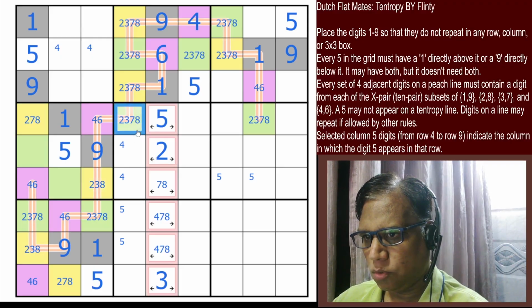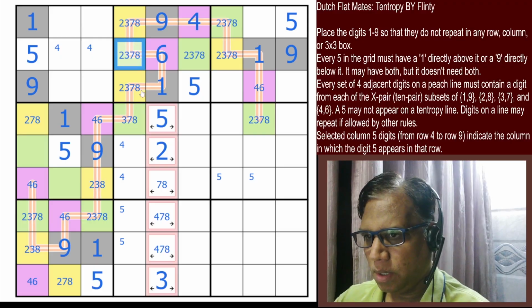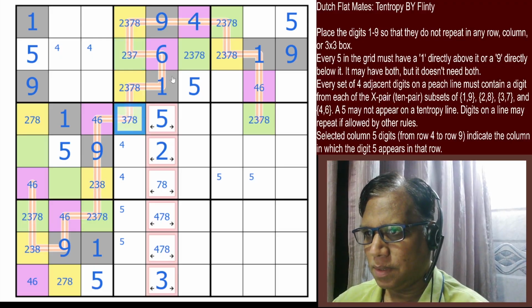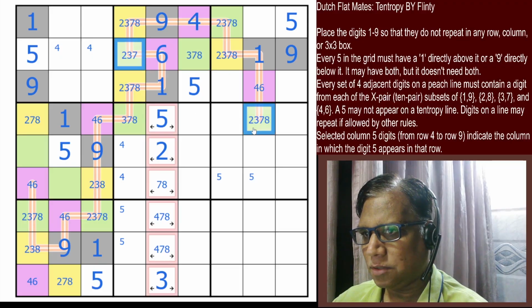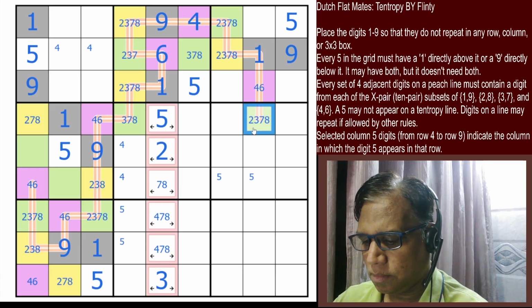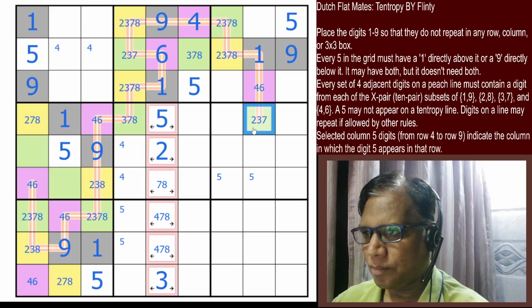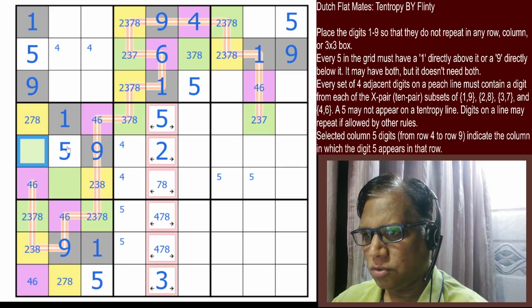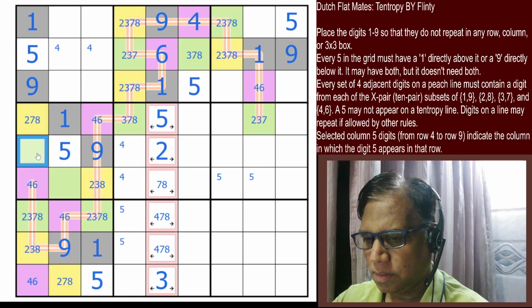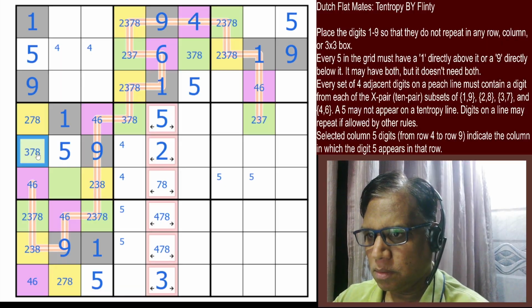Similarly, because 2 is here, 2 is not here. And then the counterpart, you cannot have 8 here. This and this are the same. So that also cannot have 2. This and this have to be the same, right? So that cannot have 2 to 8. That's also 2. So this has to be 3 7 8.